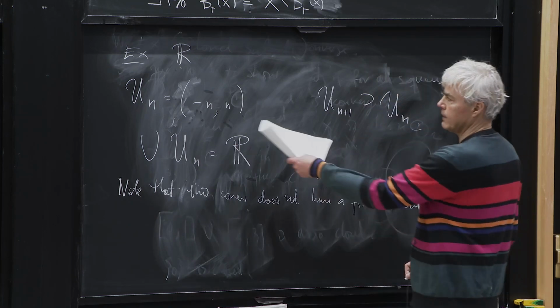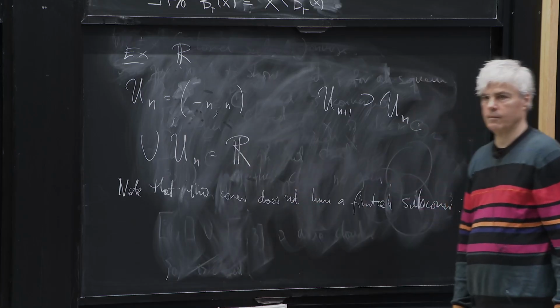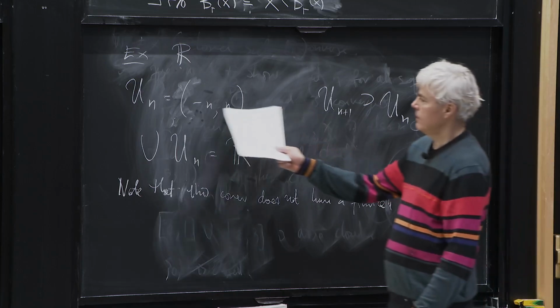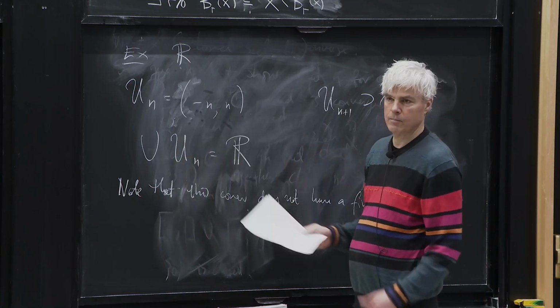If you just take finitely many of these, they are not going to cover all of R. But actually, in this example, you see also that the cover is an open cover, right?